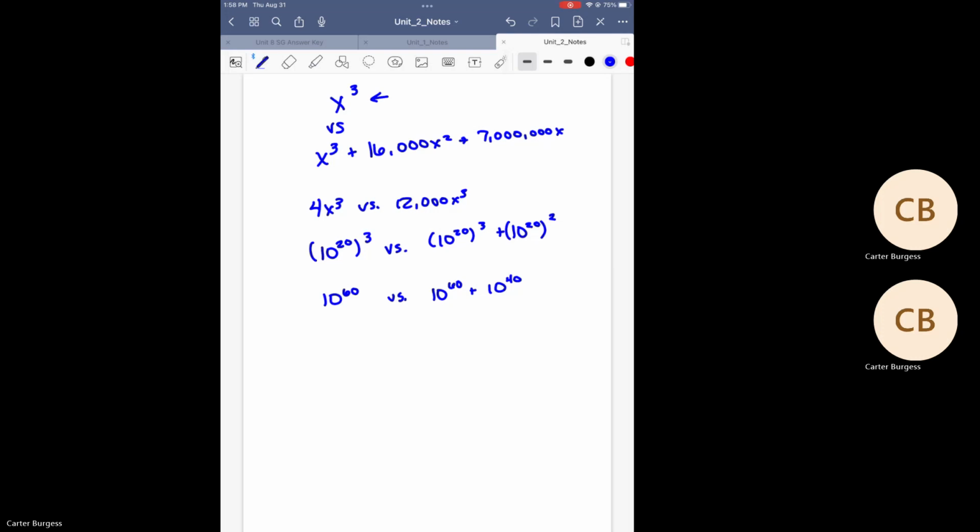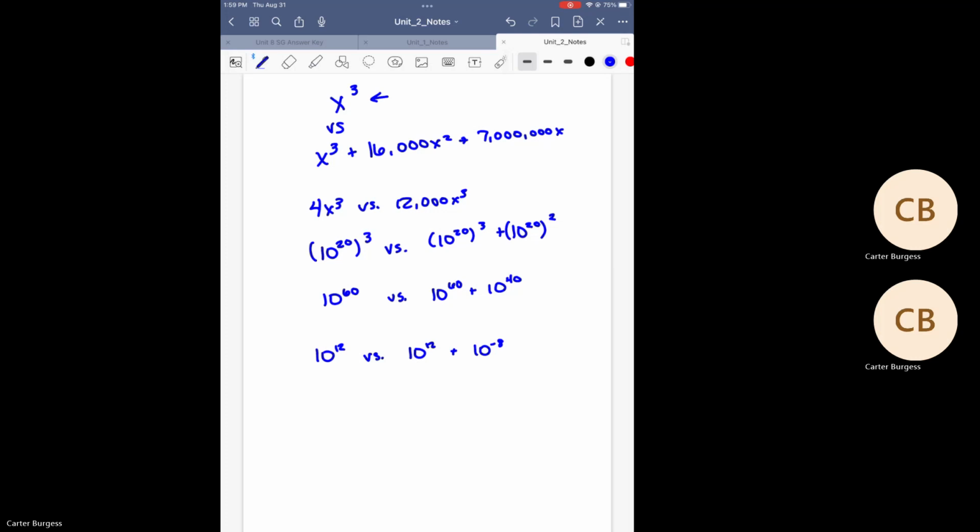In terms of the percent difference, what we are looking at is the difference between something like a trillion, which is 10 to the power of 12, versus, we'll say, something like a trillion plus 10 to the negative 8. Just in terms of our scope here, there is a magnitude difference of 20 between these two powers.